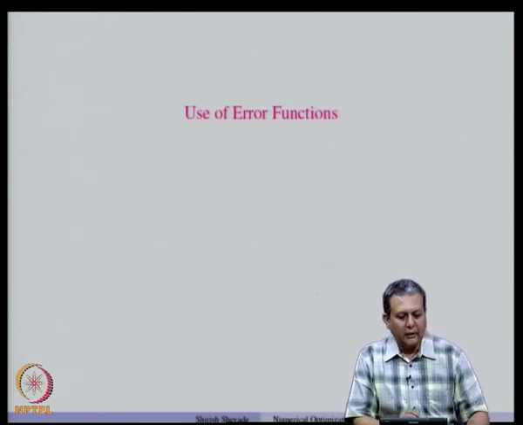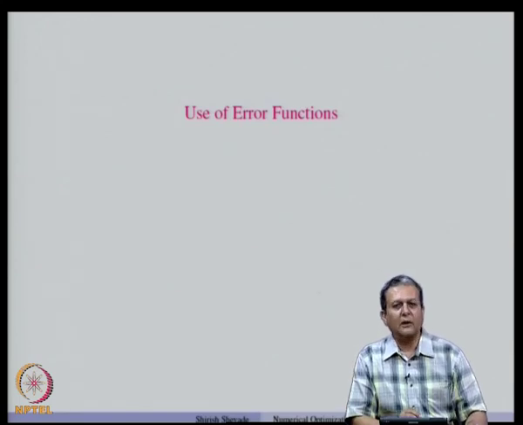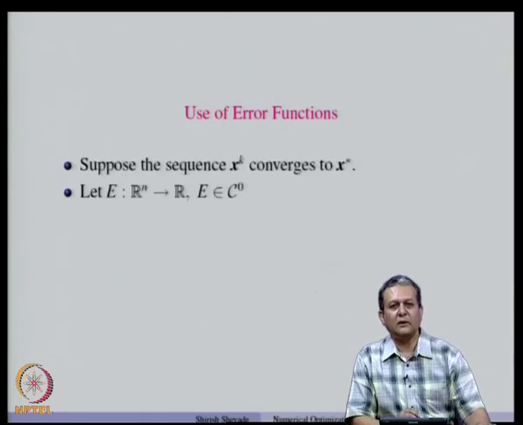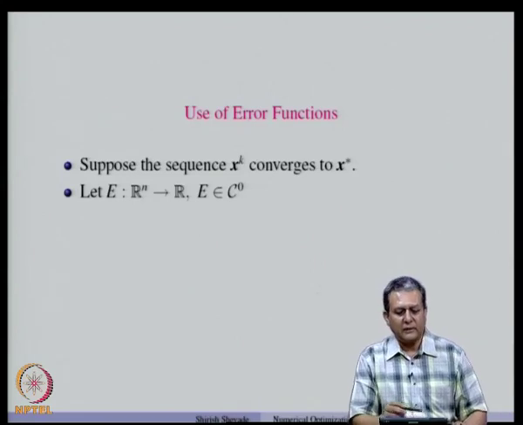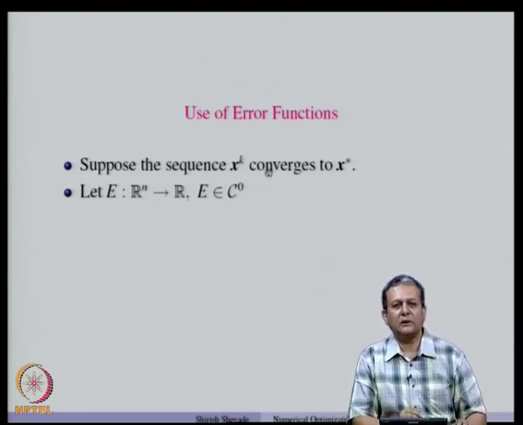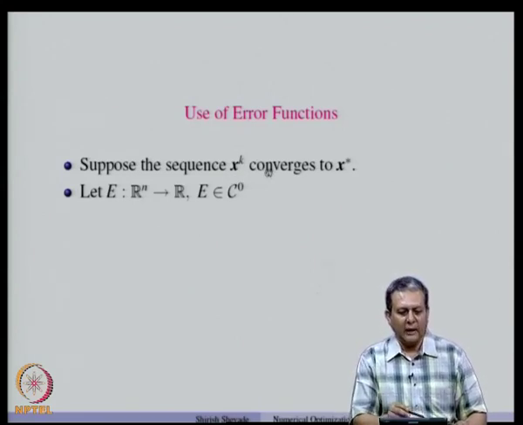Now, when we talked about convergence, we used the norm of xk plus 1 minus x star and norm of xk minus x star. Many times it is a good idea to use error functions. So, let us see what those error functions are. Suppose we have a convergent sequence xk which converges to x star, and let a be some continuous real valued function.